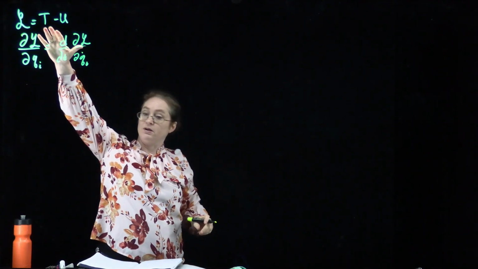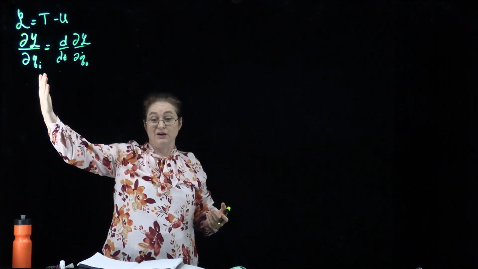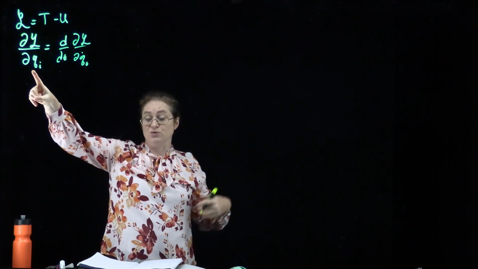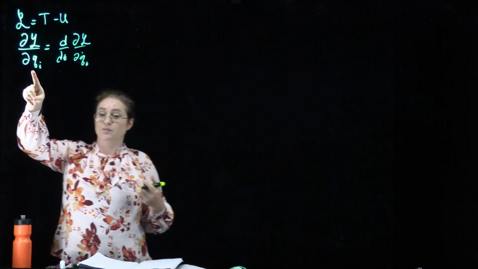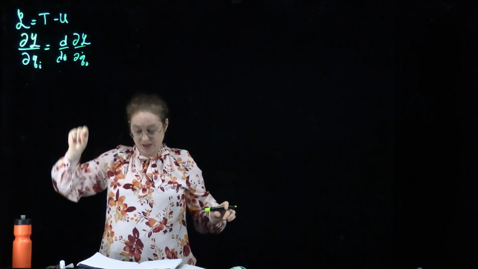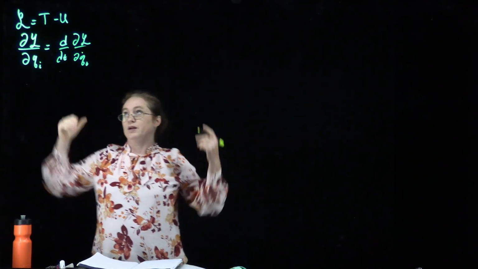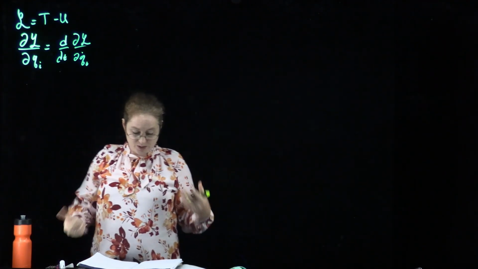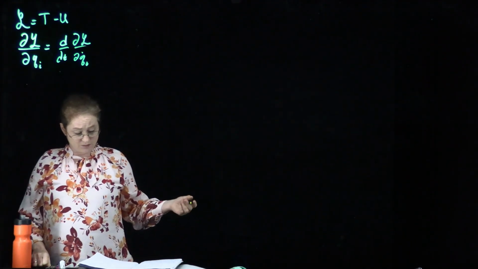So in a Lagrangian approach, we find our Lagrangian and write it in terms of our generalized coordinates, which do not have to be x, y, and z. They can be things like theta or phi. And then we apply Lagrange's equations, and we get a bunch of different equations, which are typically second order differential equations that we would have to solve.